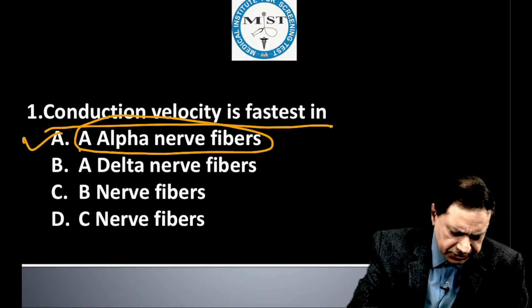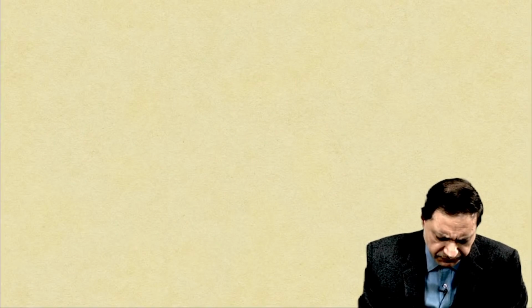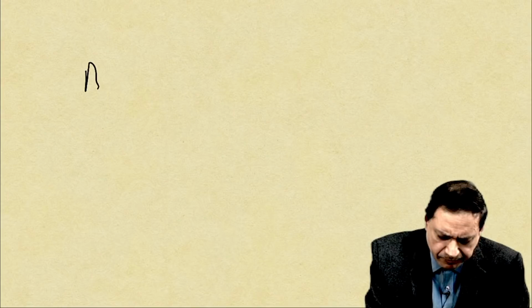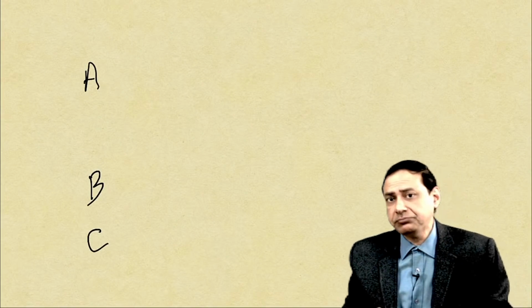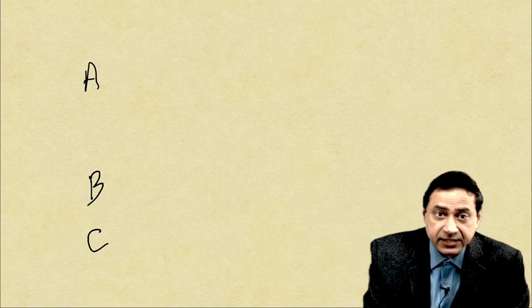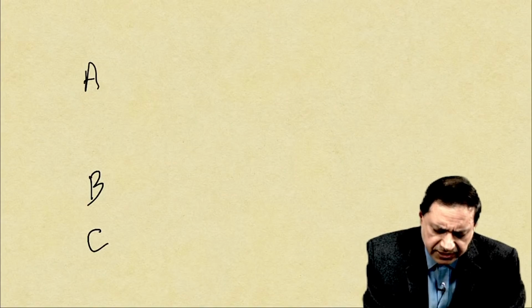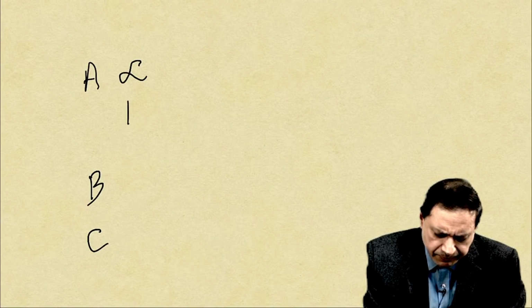How do we classify the nerve fibers? Nerve fibers are classified as A, B, C. Type A nerve fiber is further classified as A alpha, A beta, A gamma, A delta.